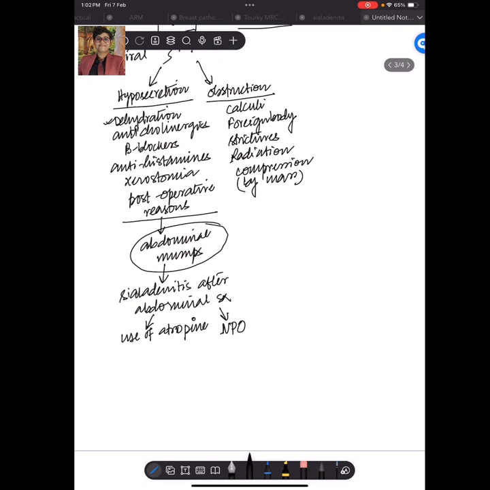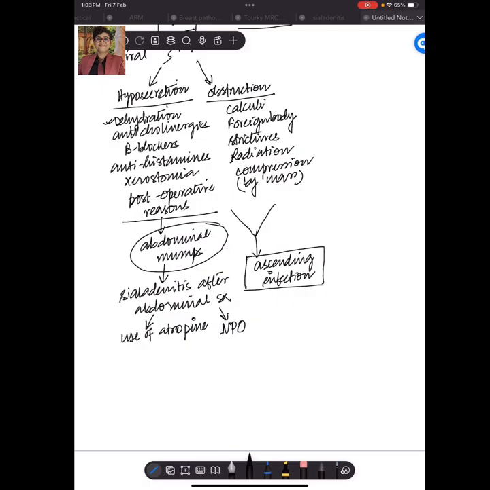So these two factors, hyposecretion and obstruction, together lead to ascending infection. There is a reduced amount of secretion and there is obstruction, so it gives a good environment for the bacteria and virus to proliferate, resulting in ascending infection of the gland.